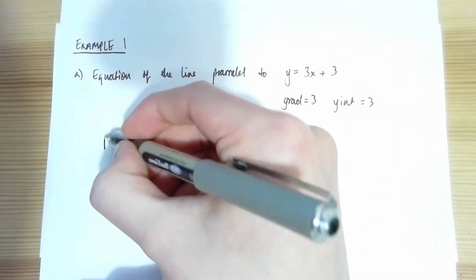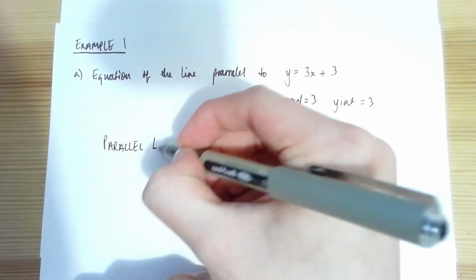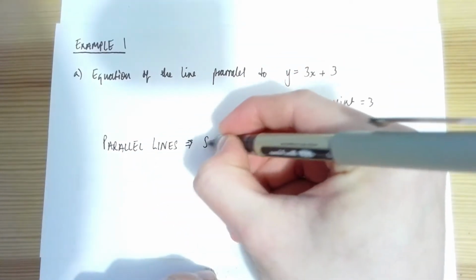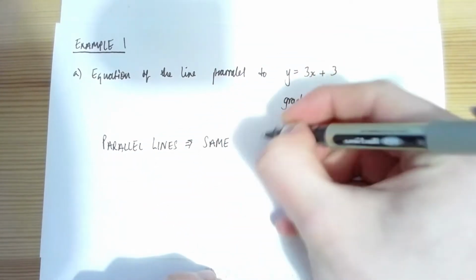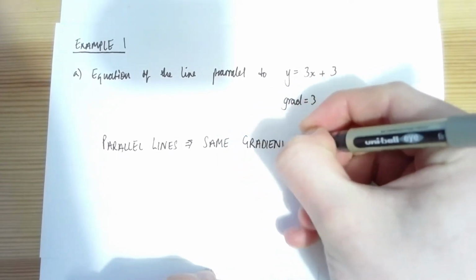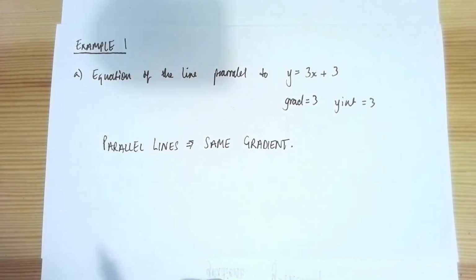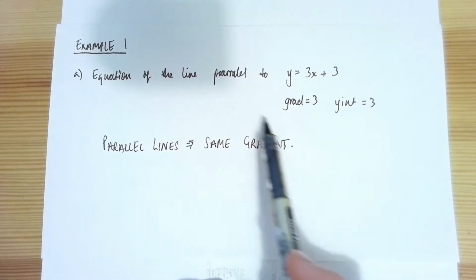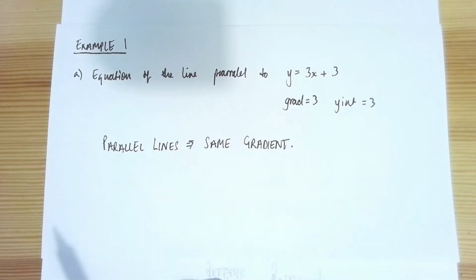Now remember, parallel lines, they have the same gradient. Because like I mentioned before, parallel lines never get closer together, further away, or they never touch. So they must have the same gradient.